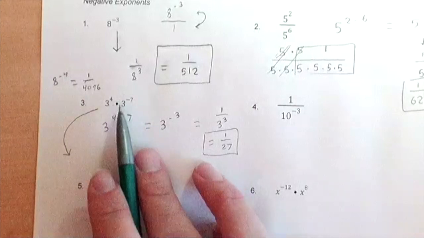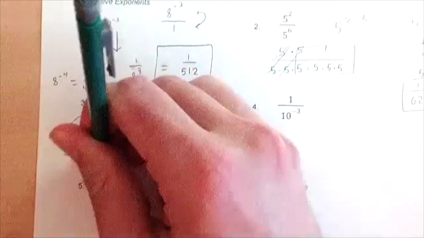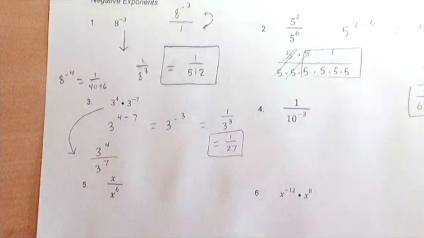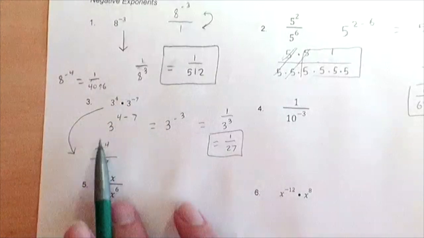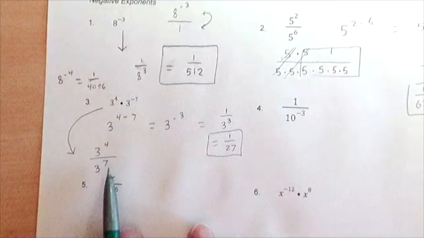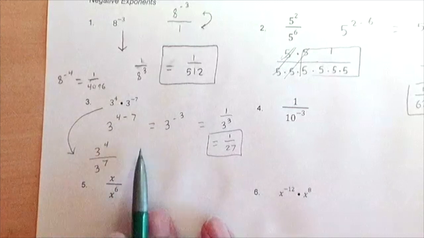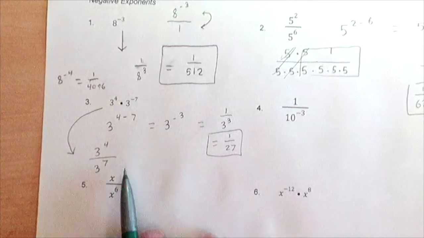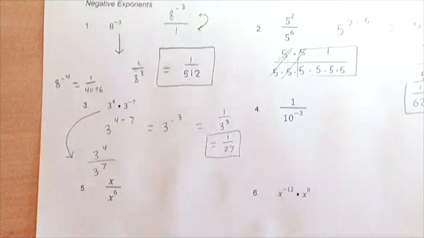So we can actually turn this multiplication question into a fraction question, right? Negative exponent means it's on the bottom. We're still going to get the same answer, right? I'm just trying to show it to you in multiple ways. Think that there's 3 more 3's on the bottom. So this is going to turn into 1 over 3 to the 3rd. So yeah, hopefully you find that really cool.